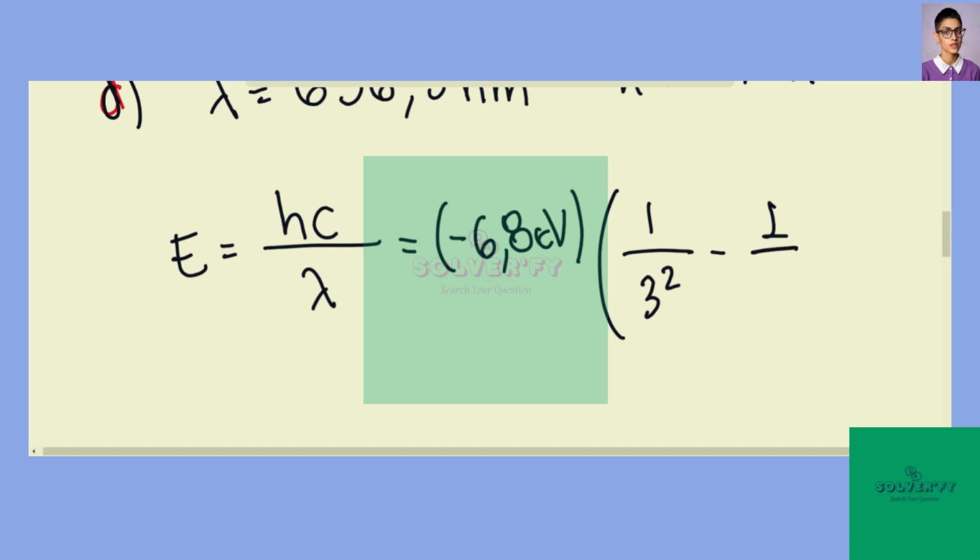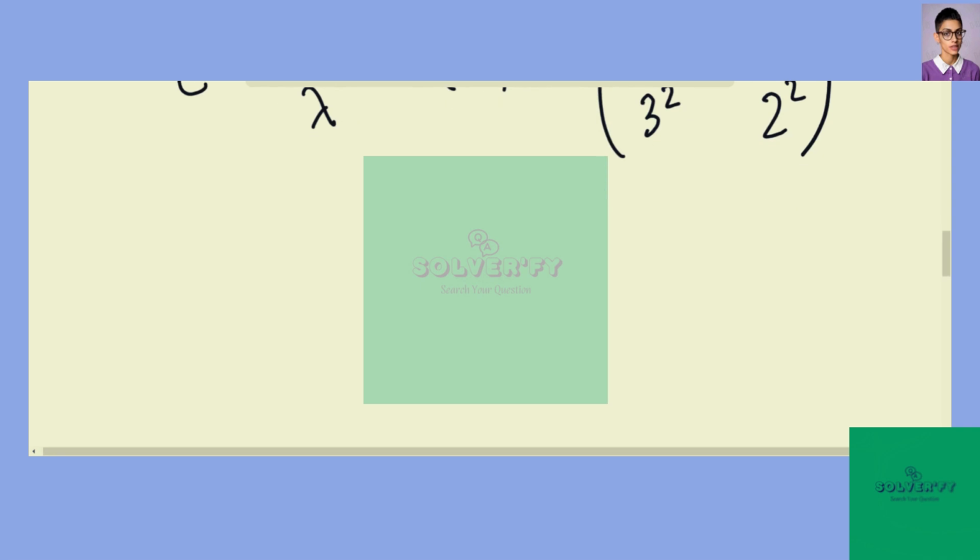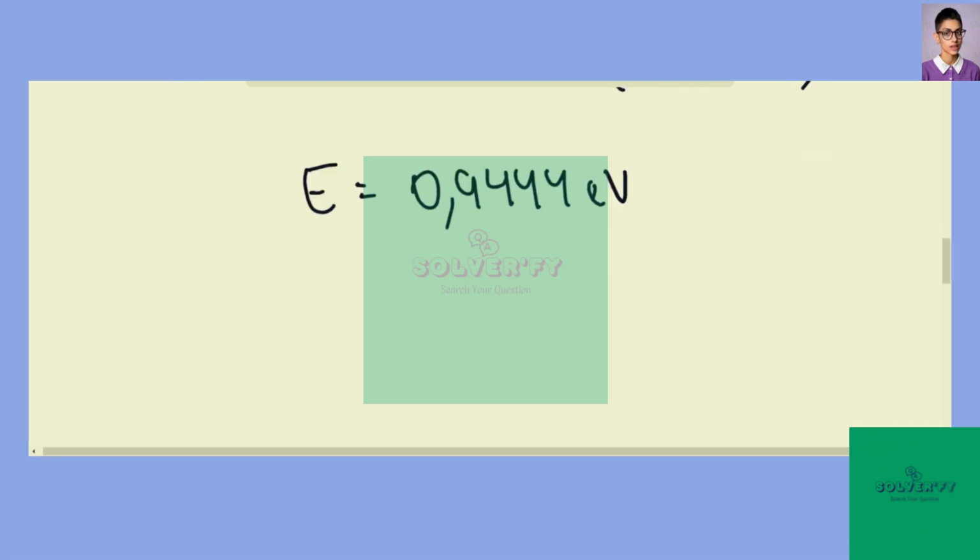When we calculate this, we obtain that the energy is 0.9444 electron volts.